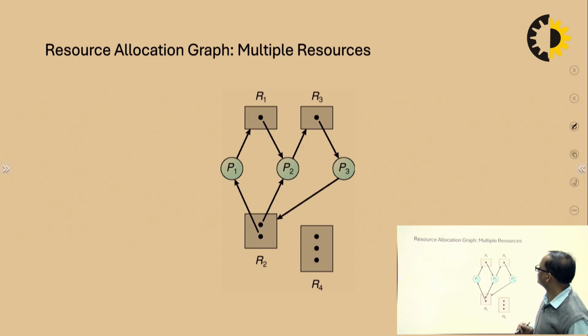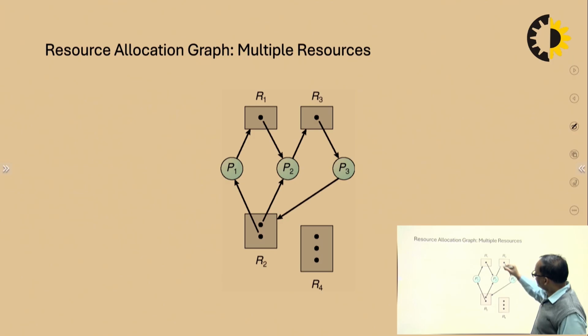This is another resource allocation graph. Here in this graph, there are 3 processes, P1, P2, P3, and there are 4 resources, R1, R2, R3, and R4. R1 is a single instance resource, R3 is a single instance resource, R2 has 2 instances, and R4 has 3 instances.